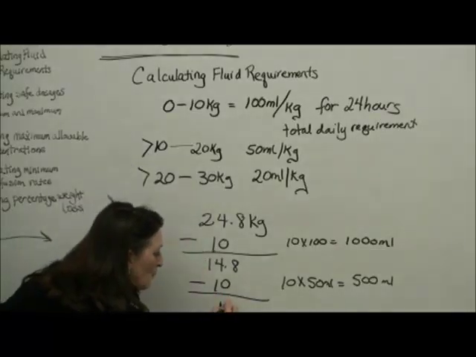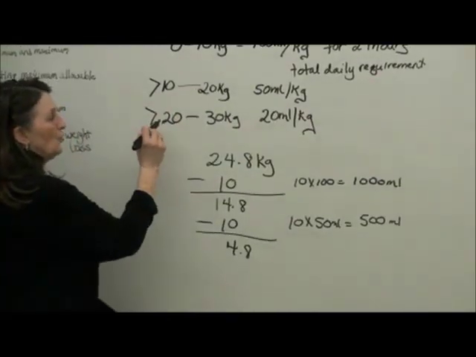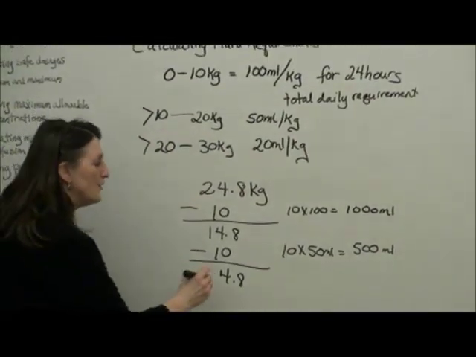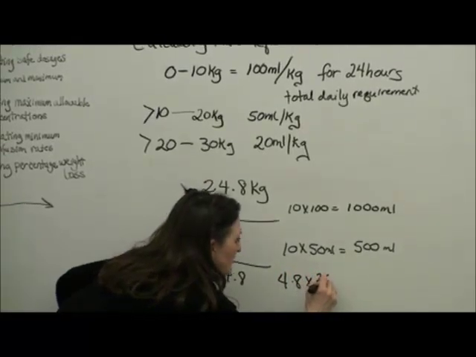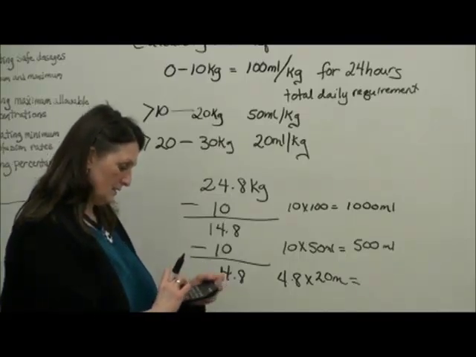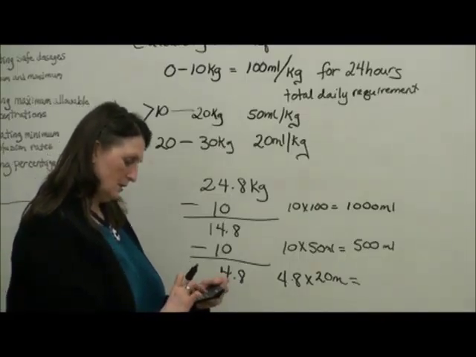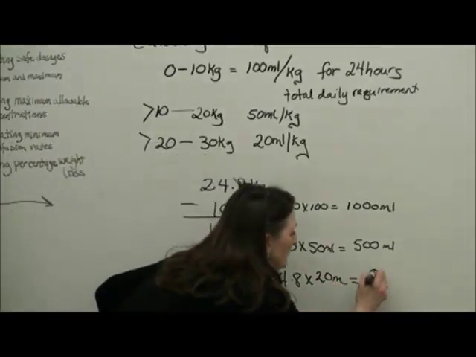And that leaves me with 4.8 kilos. In this category here, greater than 20 and under 30, those each get 20 milliliters per kilo. And that will give us 96 milliliters.